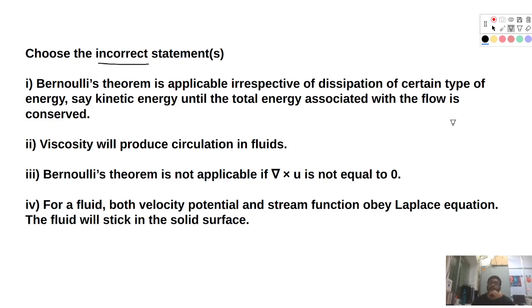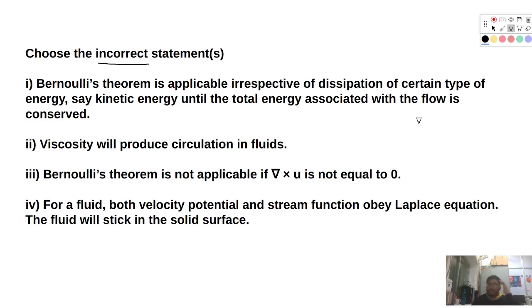If you remember Bernoulli's theorem, it tells us that the total energy in the form of pressure head, kinetic energy head and the gravitational potential head, the sum of those three has to be constant, right?